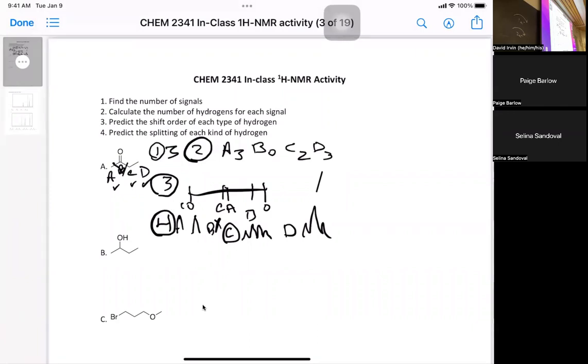The number of hydrogens within 3 bonds, whether it's one side or the other, is always n. So if you have 1 hydrogen on this carbon, and that's the carbon you're doing, that's my 1 signal, and then I can see 7 other hydrogens within 3 bonds. That's going to be 7 plus 1. It's going to be an octet. So it's always the number of hydrogens within 3 bonds plus the hydrogen you're with.